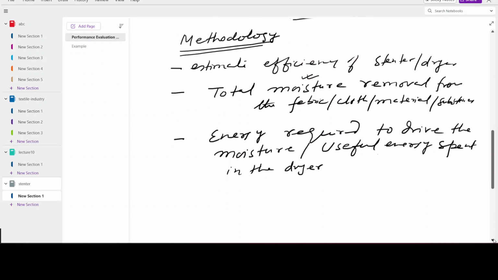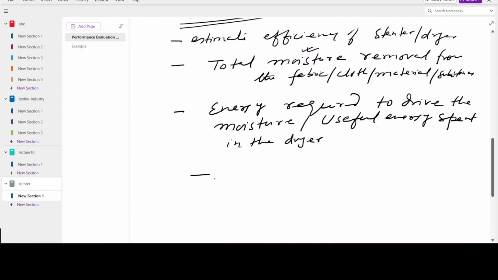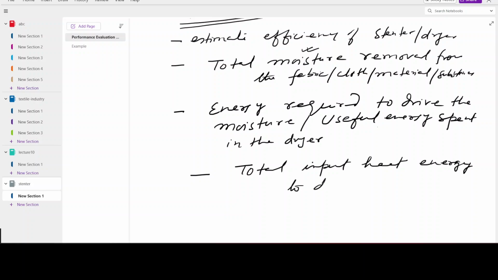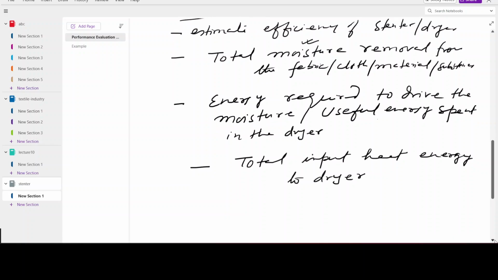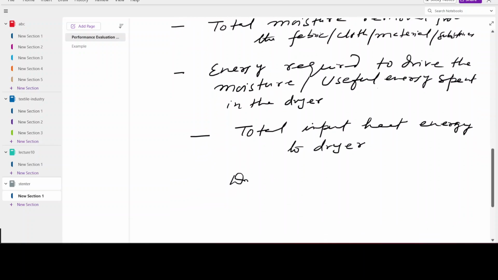And finally we will find out total input heat energy to dryer. Knowing these, we can find out dryer efficiency. Dryer efficiency will tell us about the performance of Stenter or dryer.